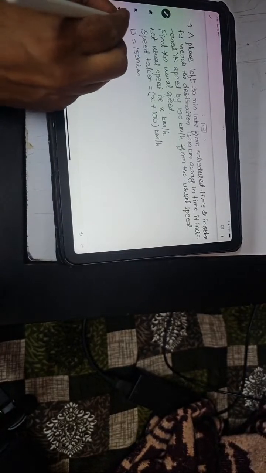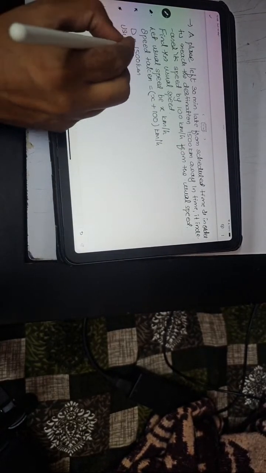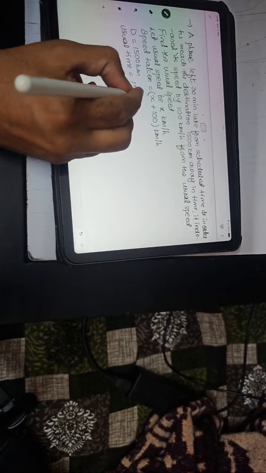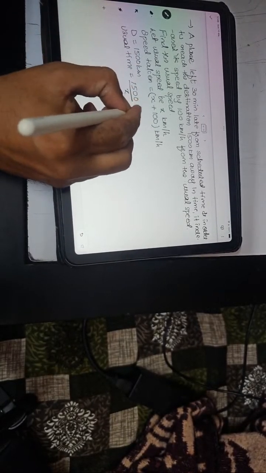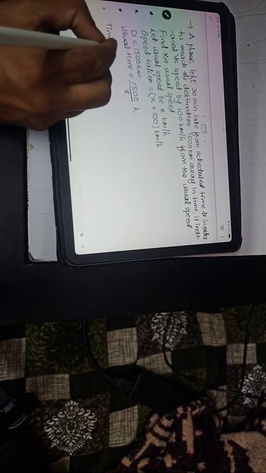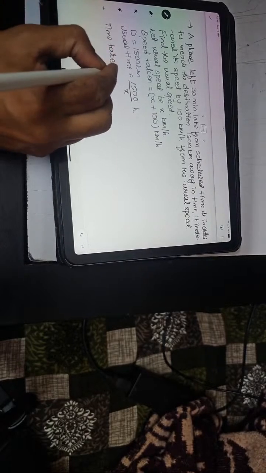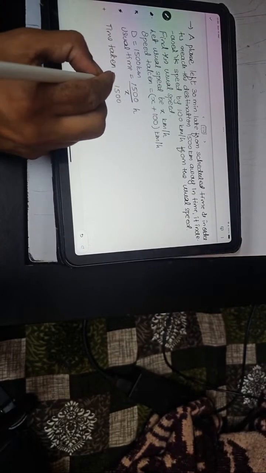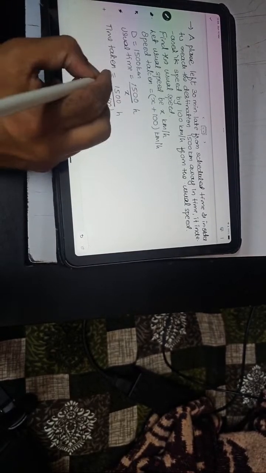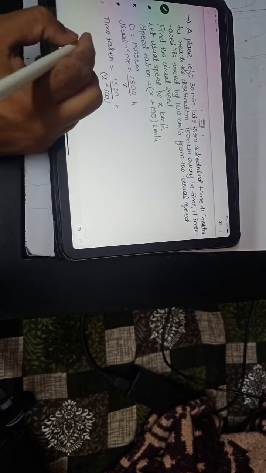So can I say usual time will be 1500 upon x hours, and actual time taken was 1500 upon x plus 100 hours, because already it is given 100 over speed it increased.